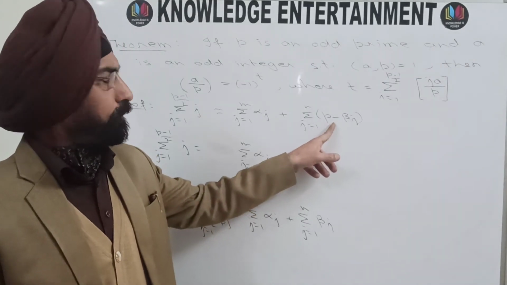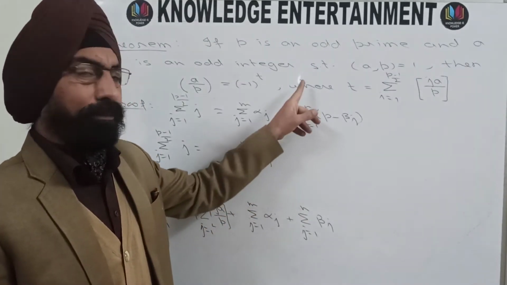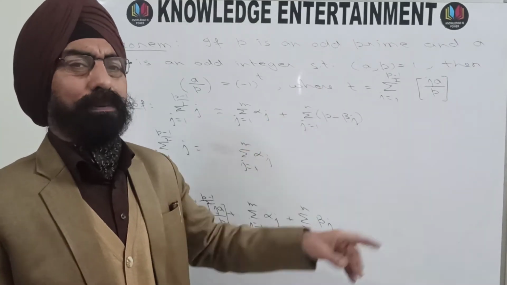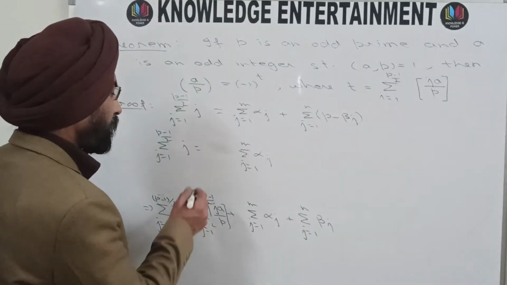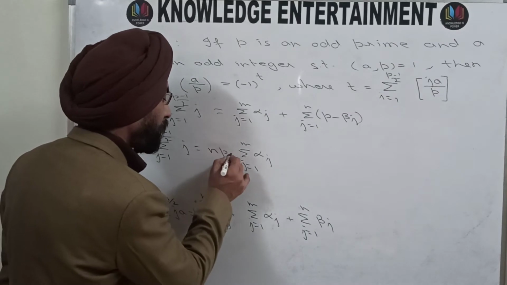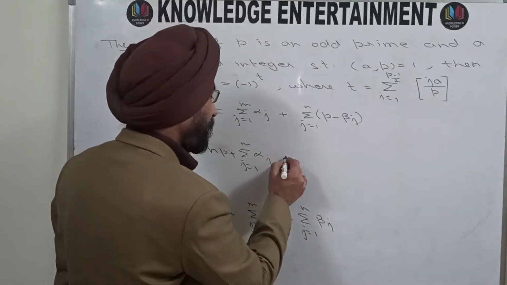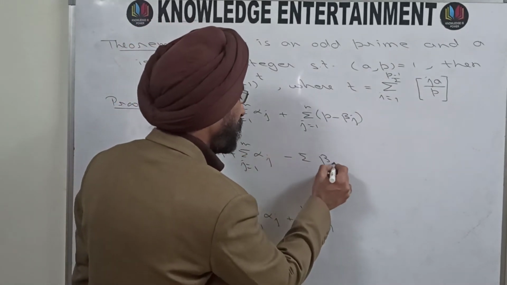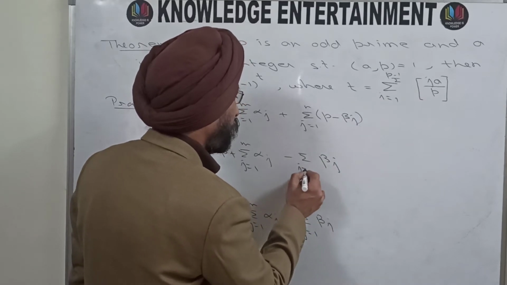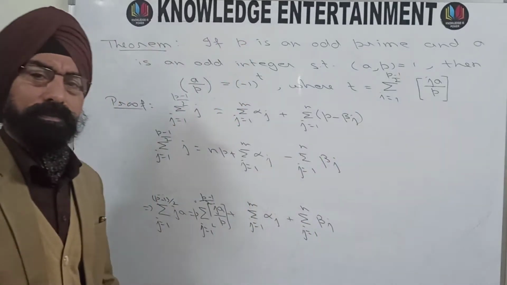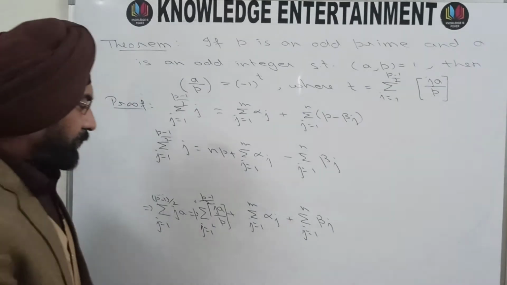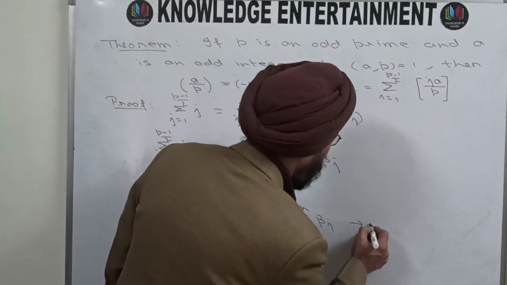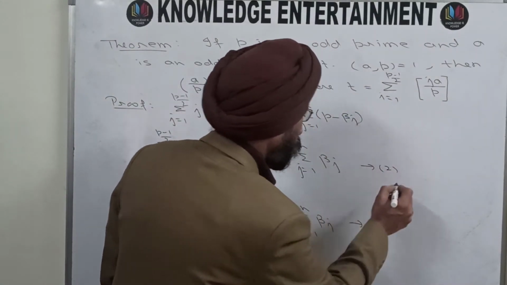So adding p n times, j varying from 1 to n, you will get np. So it will be np plus this, minus sigma beta j, j varying from 1 to n. Now suppose this is your equation number 1 and this is your equation number 2.